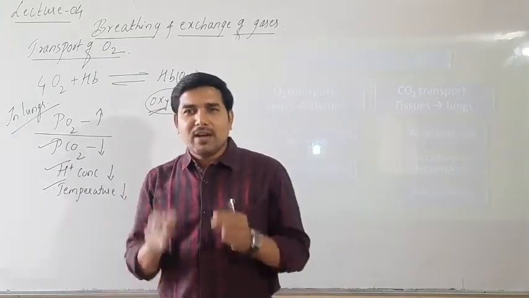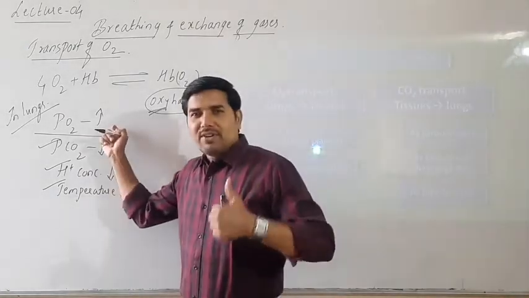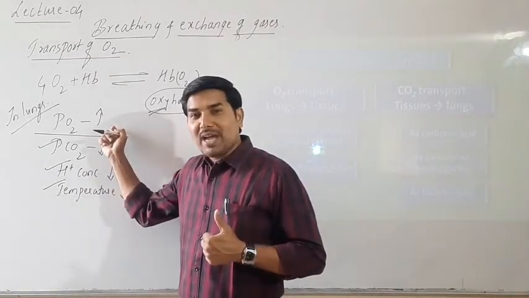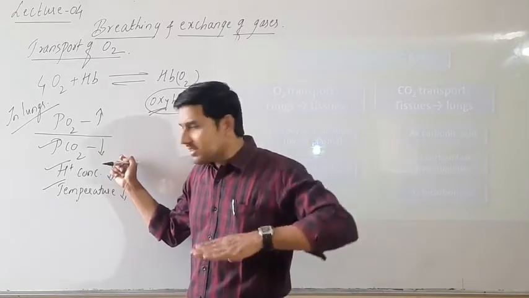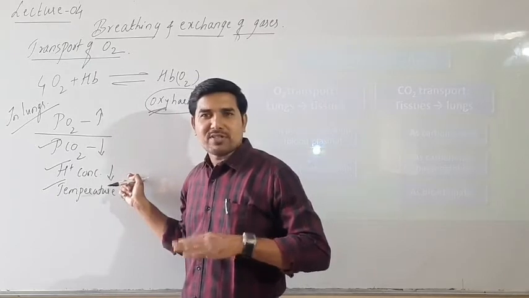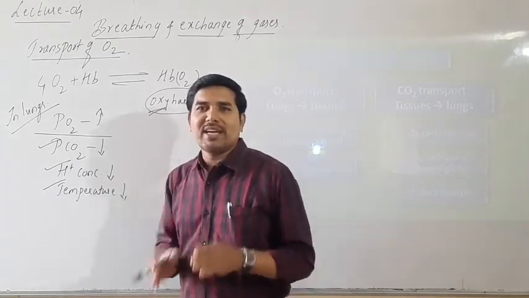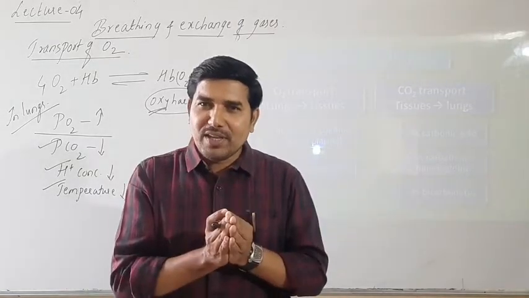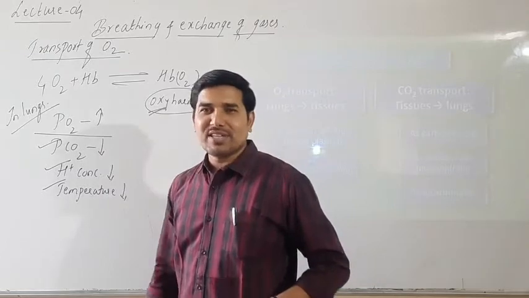That means to bind oxygen with hemoglobin, first PO2 level should be high, partial pressure of carbon dioxide should be less, hydrogen ion concentration should be less, and temperature should be low. Only then does it help in association. If exactly the reverse occurs, it leads to dissociation.